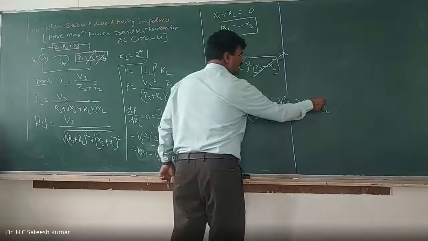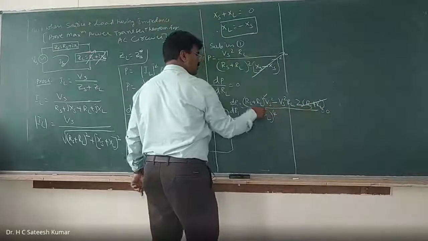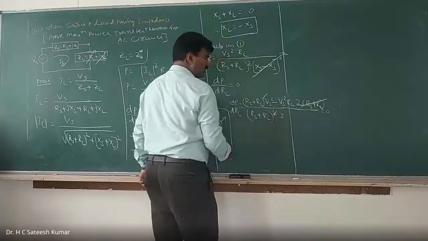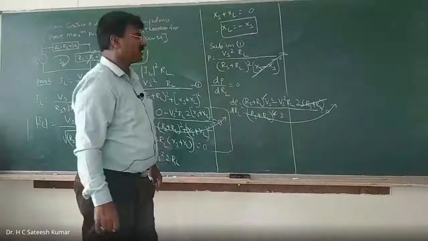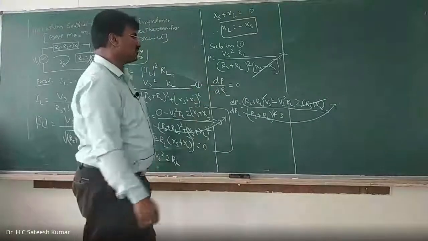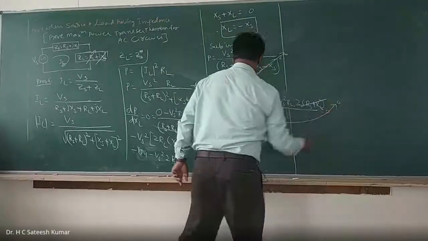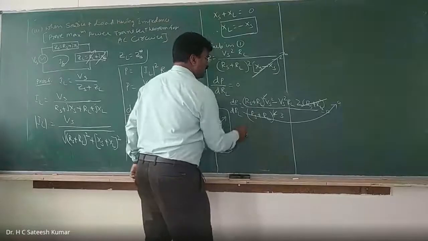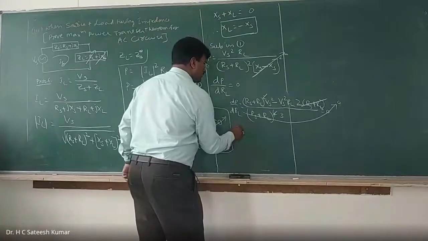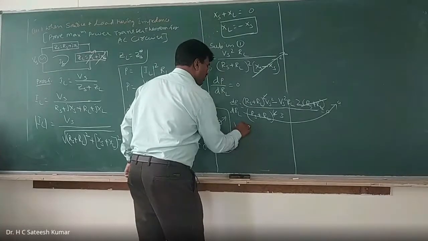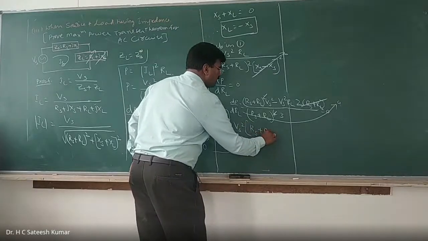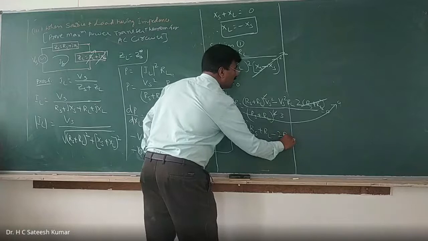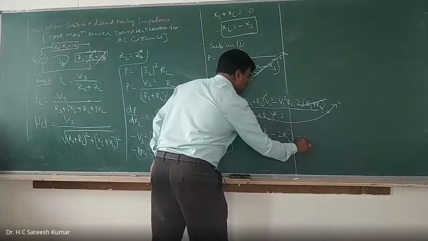Take Rs plus RL common, and the cube term gets cancelled. After cancelling, you cross multiply it. So that becomes 0. Now we get Vs square, you can take common, into Rs plus RL minus 2RL is equal to 0.